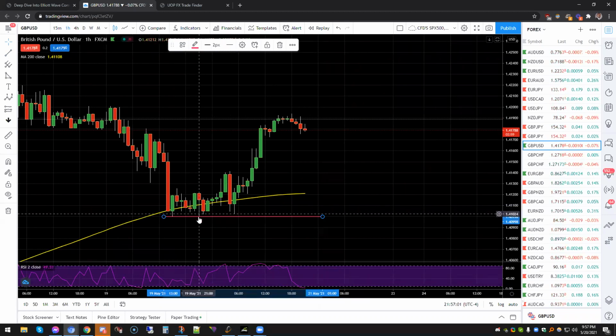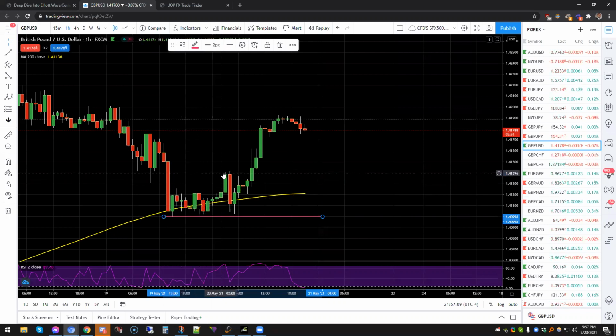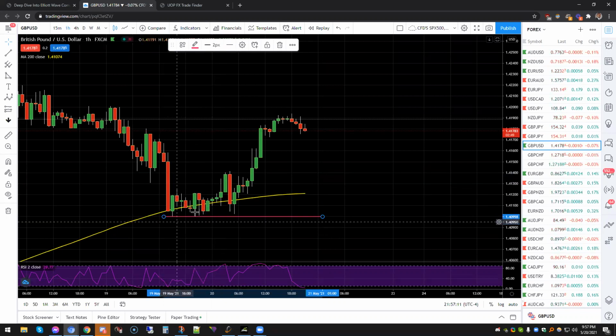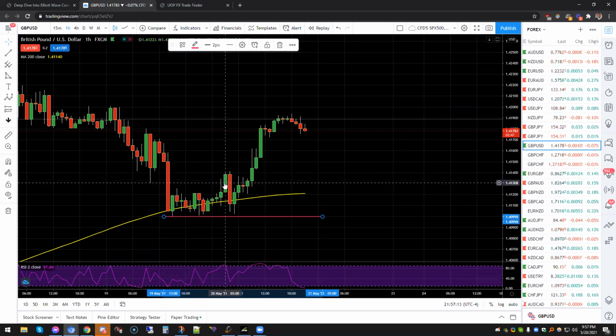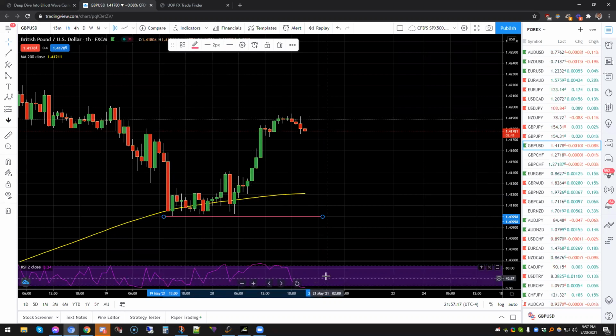It came very close. So this still has the potential to be 1, and this could be 2, and this is definitely 3, right? So this is a 3-wave move up. So it still means it's corrective and the price should be coming back to the downside.